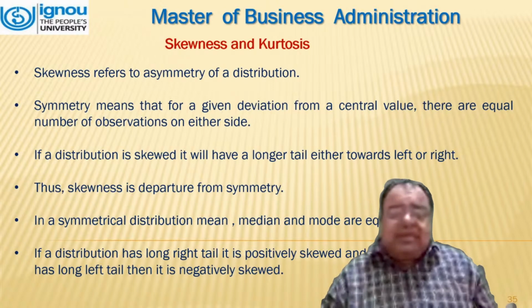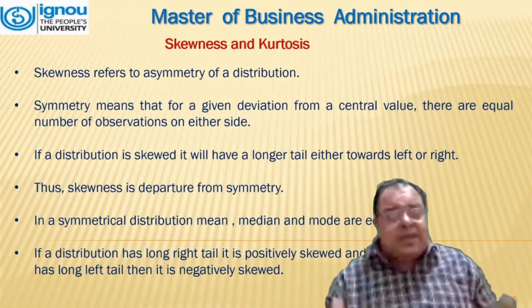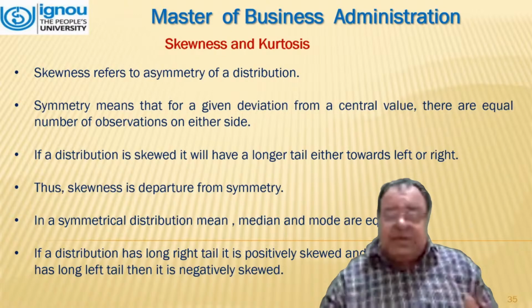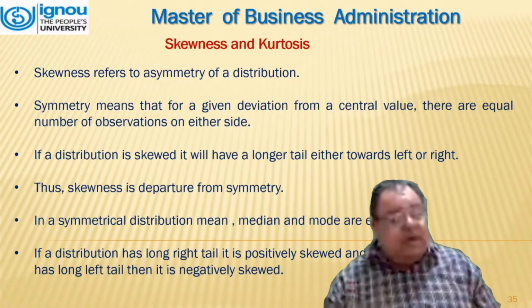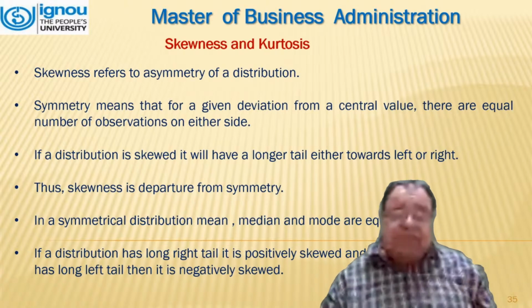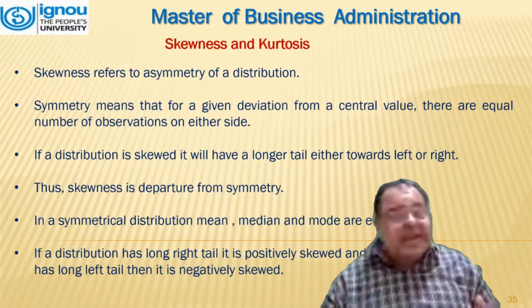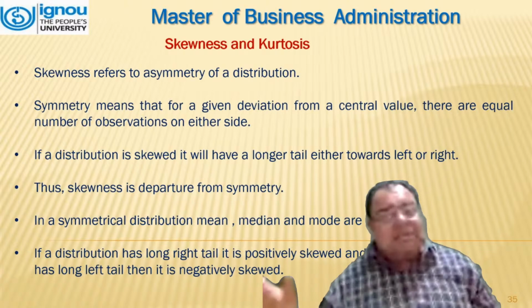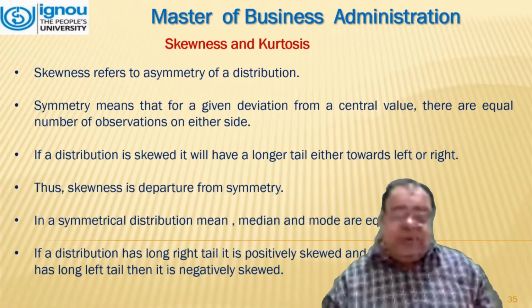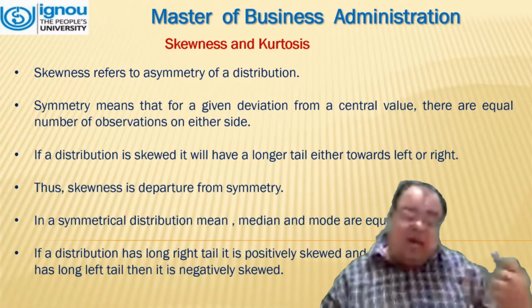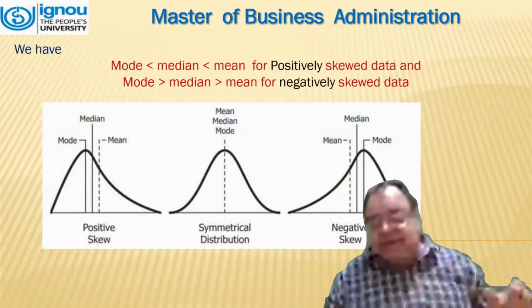The skewness is a departure from the symmetry. In a symmetrical distribution, mean, mode, and median, all three are equal. And if a distribution has a long right tail, it is positively skewed. And if it has a long left tail, then it is negatively skewed.